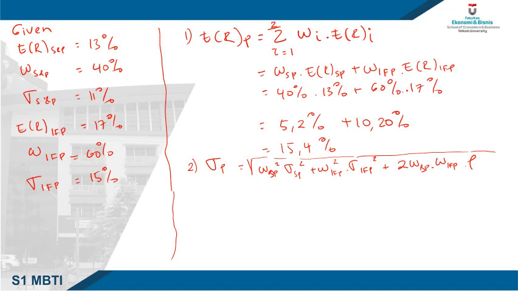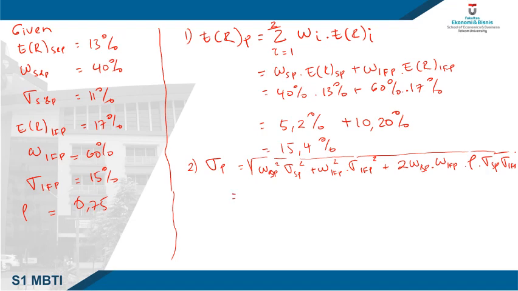What is the rho again? From the statement in the question, rho between S&P and IFP is 0.75. This is the correlation between S&P and IFP, and then again sigma SP and sigma IFP.